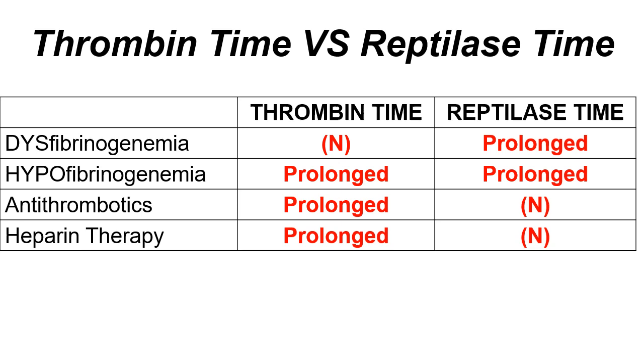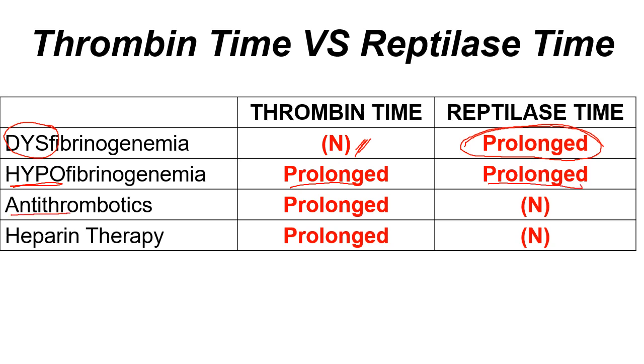I-differentiate natin yung paggamit ng thrombin time and reptilase time. Okay? Sa thrombin time, kapag may dysfibrinogenemia ang pasyente, magiging normal, no? Kasi hindi niya kayang ma-detect yon. Sa reptilase time pa lang siya magiging abnormal. Sa hypofibrinogenemia naman, both are prolonged in both tests.